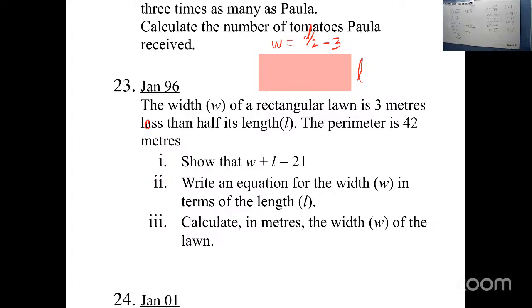And then solve part 2. How do you find perimeter? Perimeter is what? Length multiplied by 2. So 2 width plus 2 length is equal to 42. So what do I do to make it look like this?